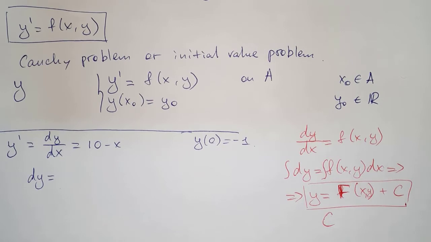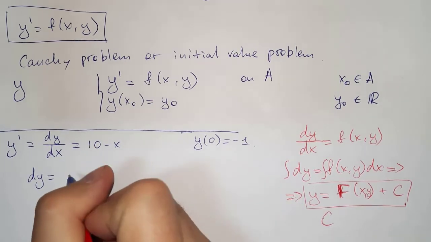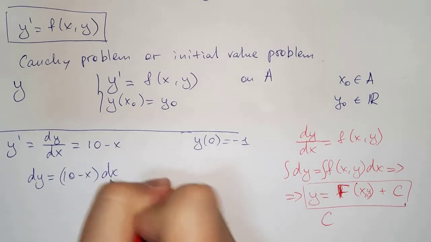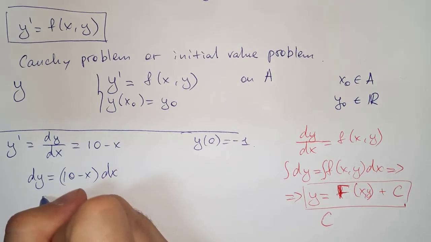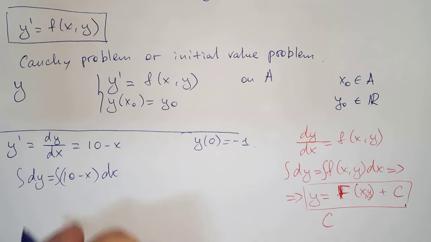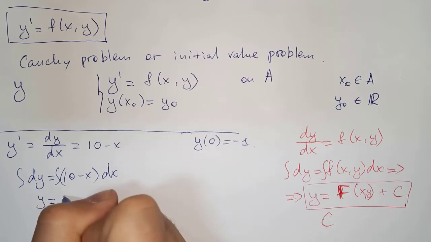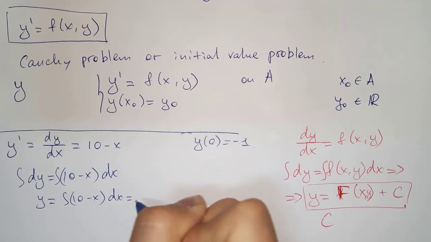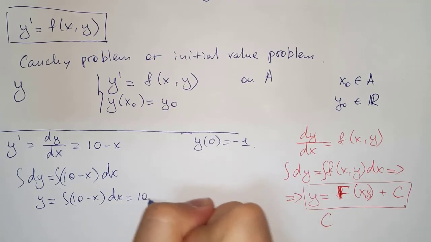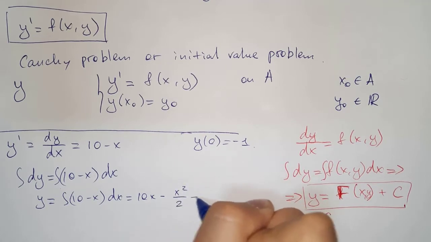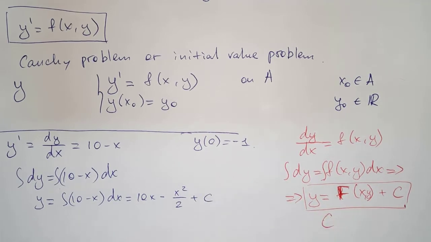So in this example, we have dy equals 10 minus x dx. If we integrate both sides, y is the integral of 10 minus x dx, which is 10x minus x squared over 2 plus constant c.